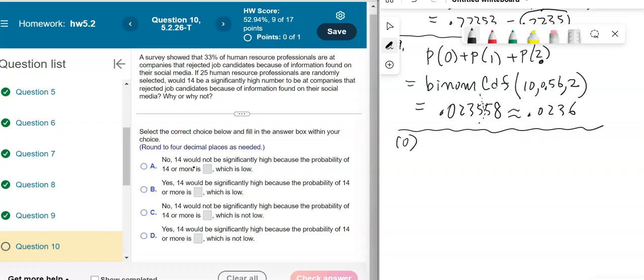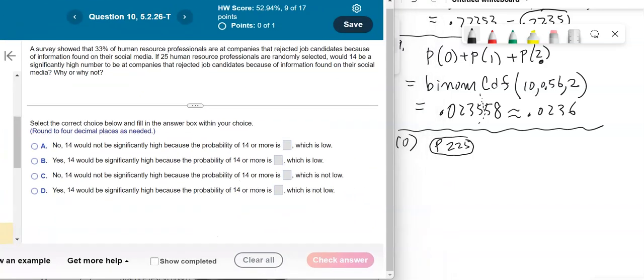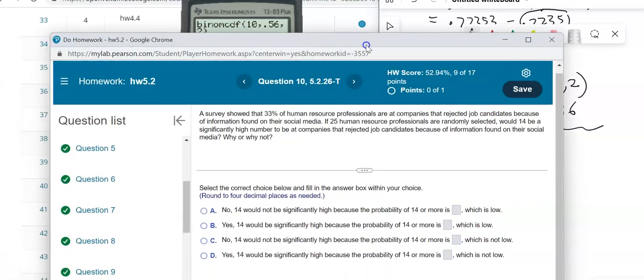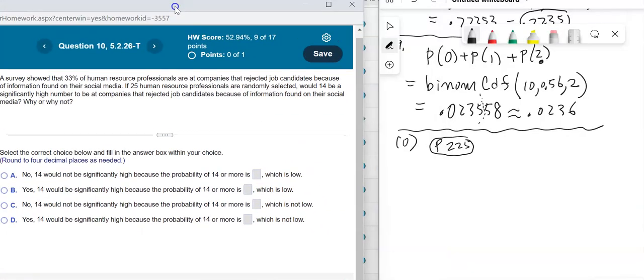I have a book with me here. It is on page 225. Refer to page 225. You can go to the textbook, page 225.